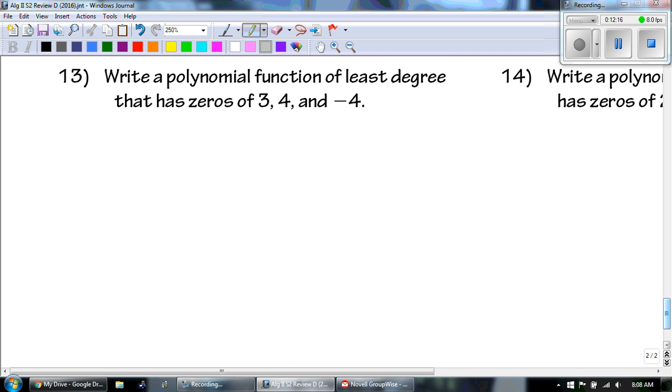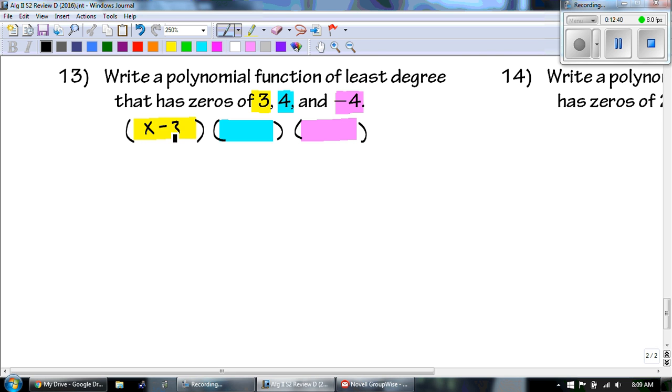All right, last one. Write a polynomial that has the zeros of 3, 4, and -4. So if those are my zeros, 1, 2, and 3, that would mean it'd be x minus 3 because they're opposite, and it's opposite.